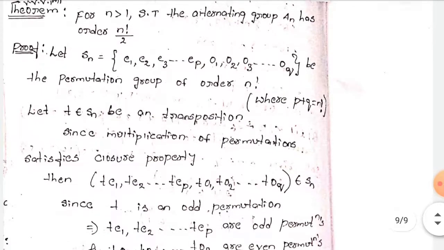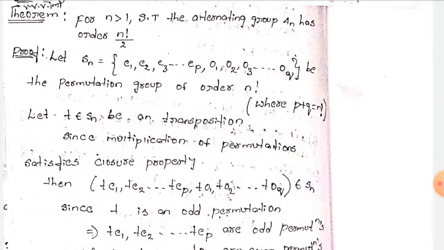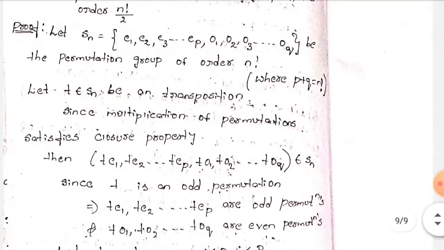Now taking one more element, T belongs to S_n, a transposition. Since permutation multiplication satisfies the closure property, T into E1, T into E2, and so on up to TEP, and TO1, TO2, and so on up to TOQ, belong to S_n. Since T is a transposition, it is an odd permutation.